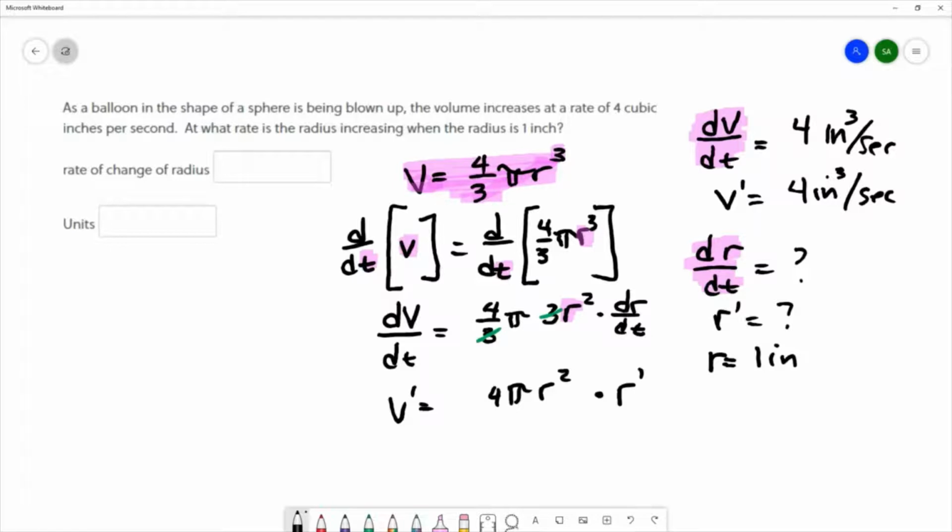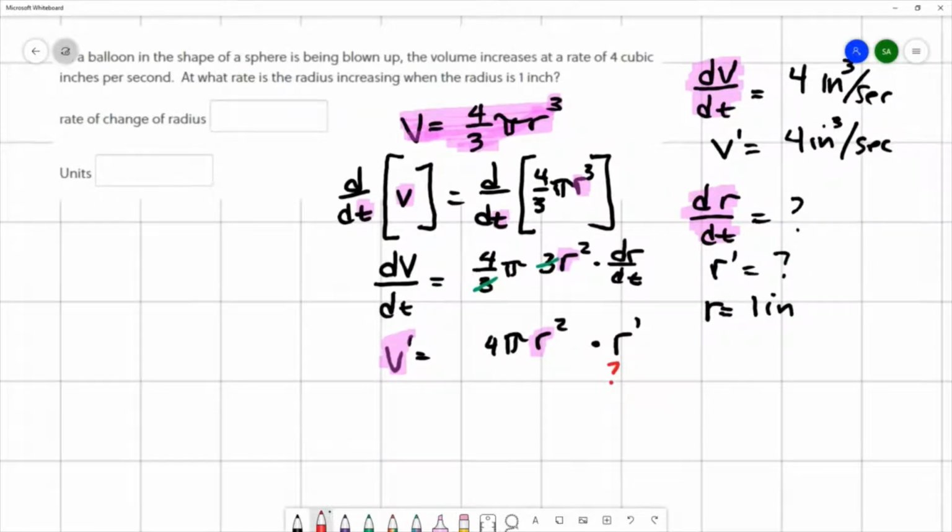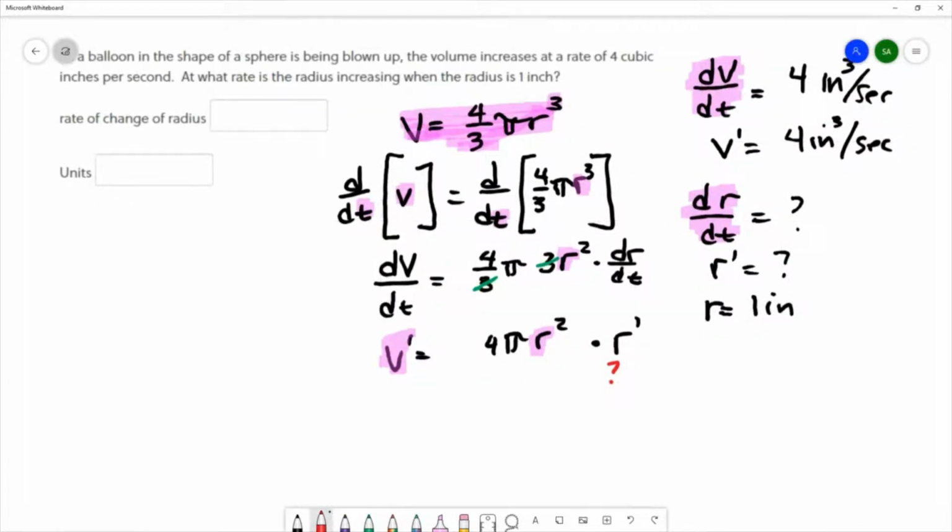So now we have a value for v prime to substitute in, a value for r to substitute in, and our goal was to solve for r prime. So v prime was given to be 4 inches cubed per second. We got 4 pi, and r was 1 inch, and r prime is our unknown.